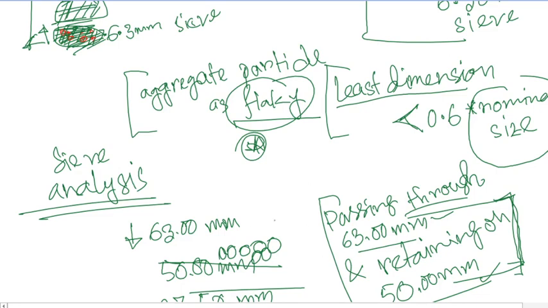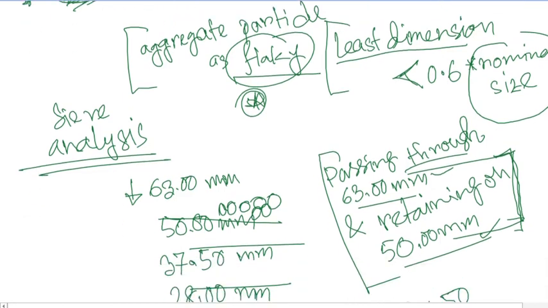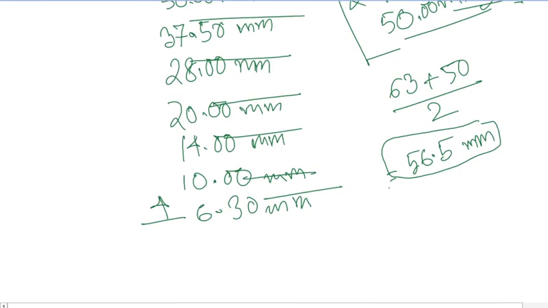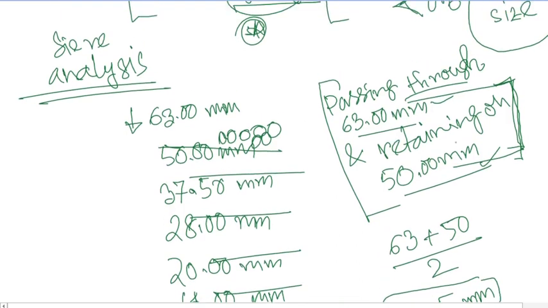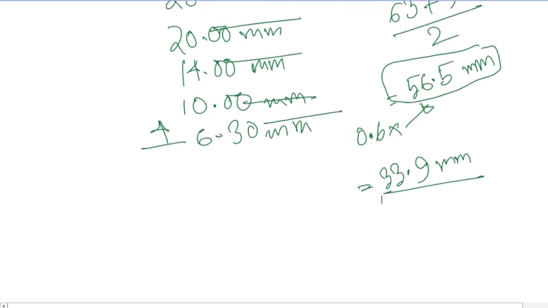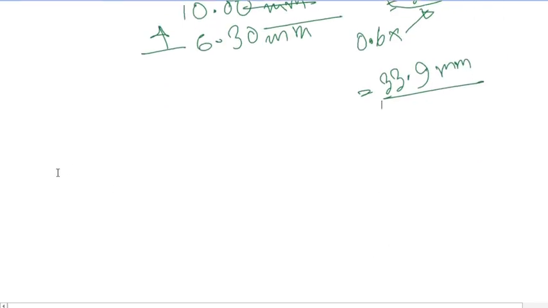So the opening below which particles are treated as flaky for this range, 63 to 50, will be 0.6 multiplied by this value, which gives you 33.9.